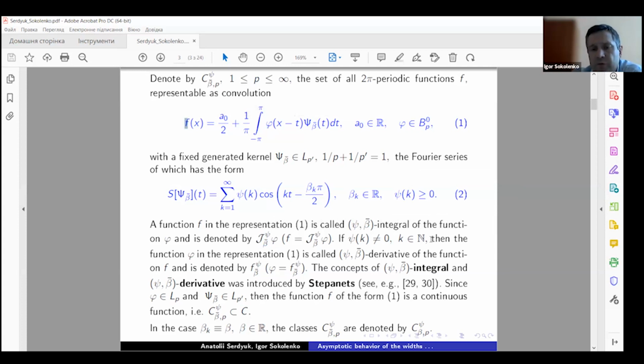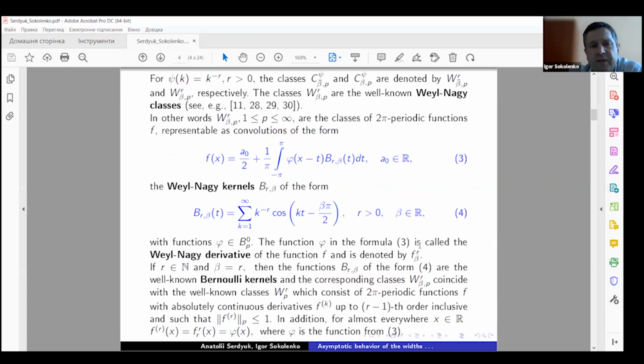The concept of psi-beta integral and psi-beta derivative was introduced by Stepanets. In the case where beta_k is equal to a real beta, the classes C^psi_{beta,p} are denoted by C^psi_{beta,p}. When psi(k) is equal to k to the power minus r, with r greater than 0, the classes are denoted by W^r_{beta,p}.